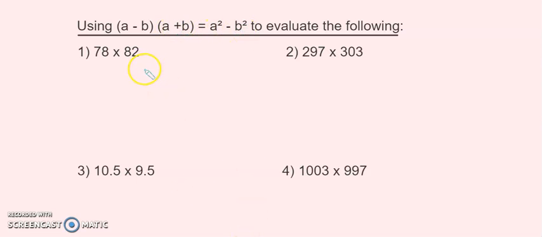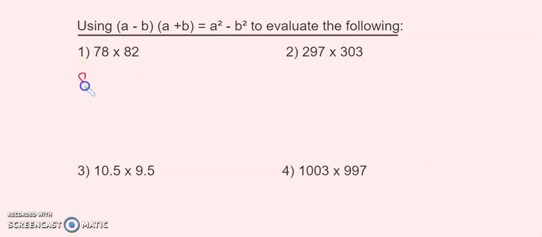So what we have to do is find a common thing between the two numbers which are multiplied, like as we round off. If I round off 78, it will be 80. Nearest is 80. Similarly, for 82, the nearest rounding off will be 80. So can we say 78 and 82 both have a common thing, that is 80, right?